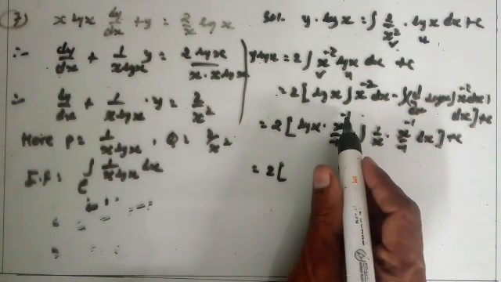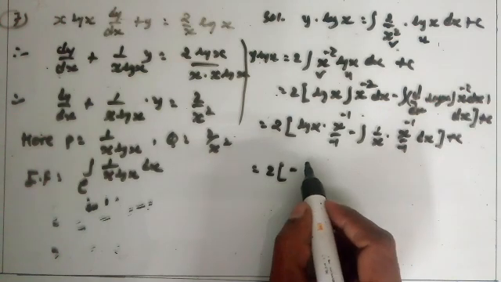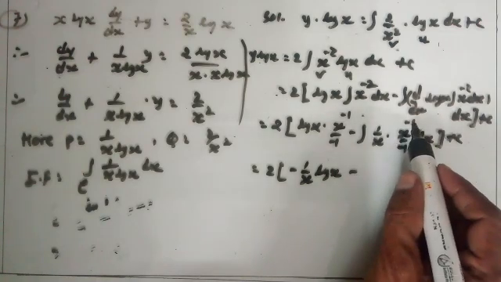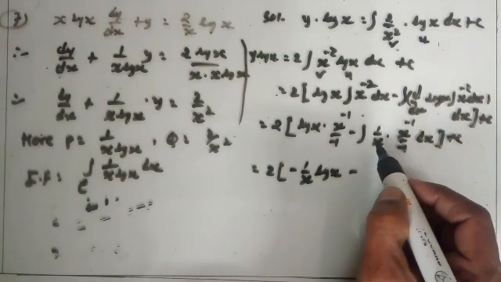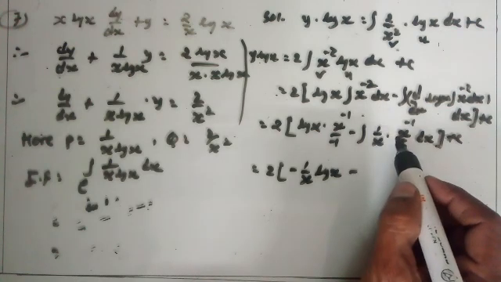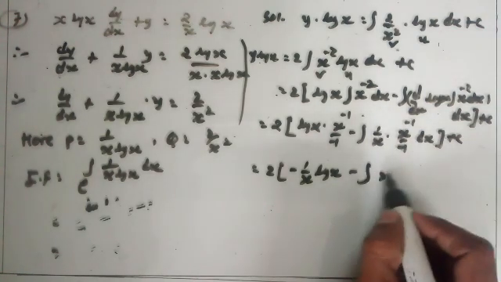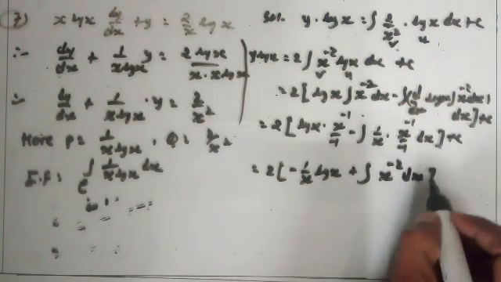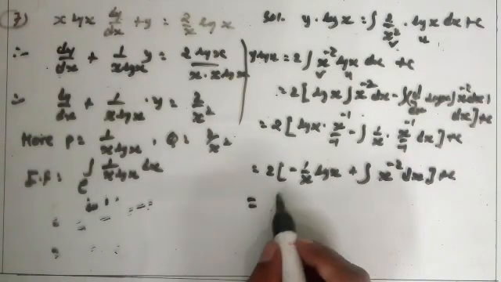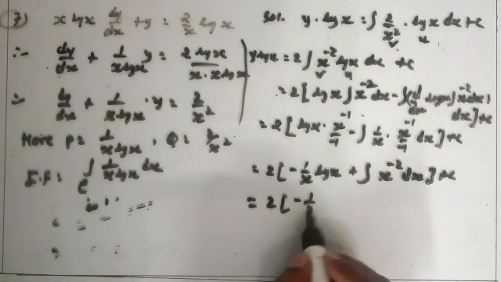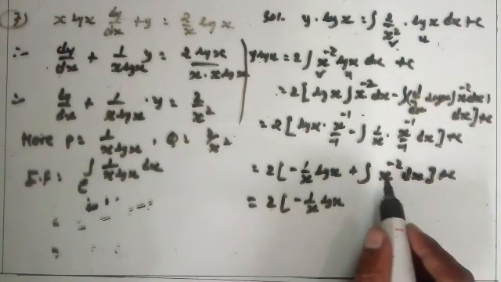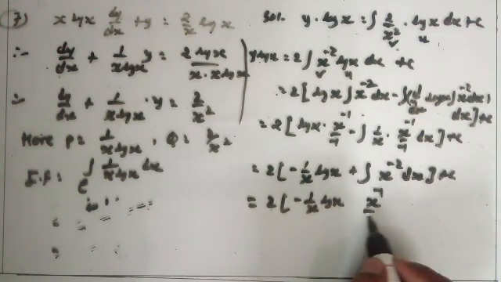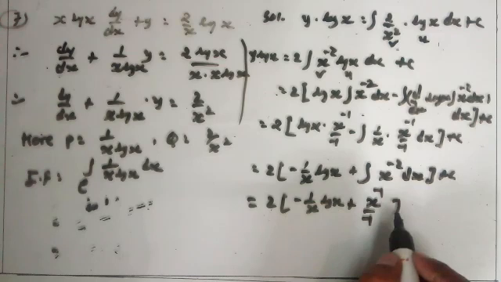So it is equal to here 2 into, x raised to minus 1 is equal to 1 upon x. So we get minus 1 upon x log x minus, here x raised to minus 1 is equal to 1 upon x into x, that is x raised to 2. So 1 upon x square is equal to x raised to minus 2. Here minus minus become plus, dx plus c. So integration of this is x raised to minus 1 upon minus 1, plus c.